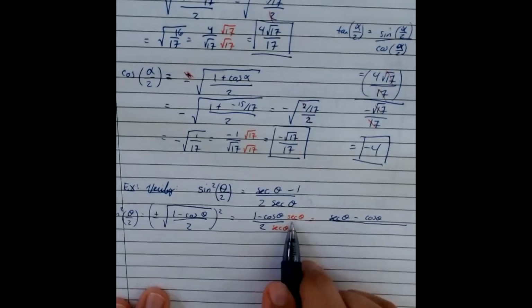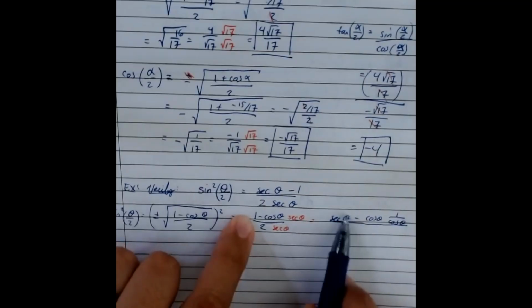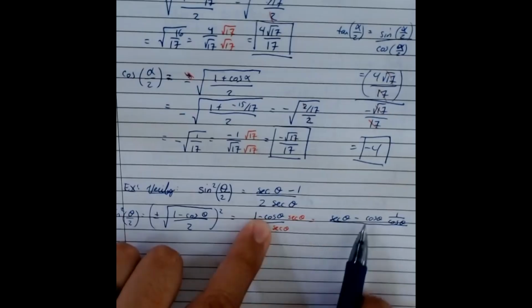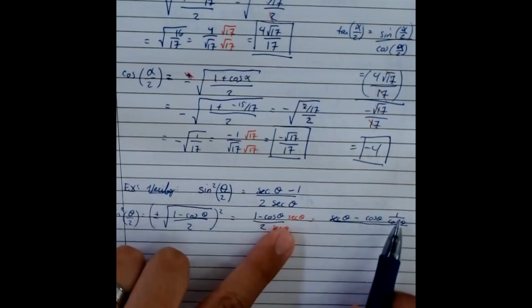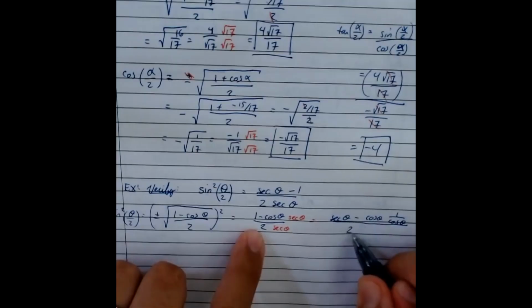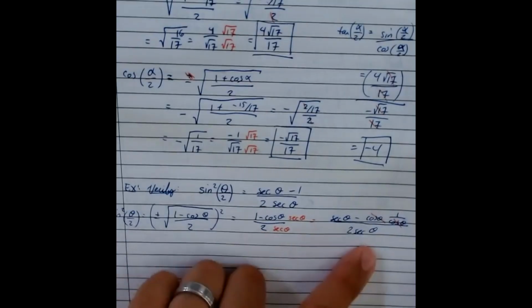Well, isn't secant of theta the reciprocal of cosine? Isn't that the same as saying 1 over cosine of theta? So 1 times secant of theta is secant of theta, minus cosine of theta times secant of theta. And I'm going to write secant of theta this way because now these two divide out. The denominator is now double the secant of theta. And once these divide away, we're simply left with 1 as a constant.